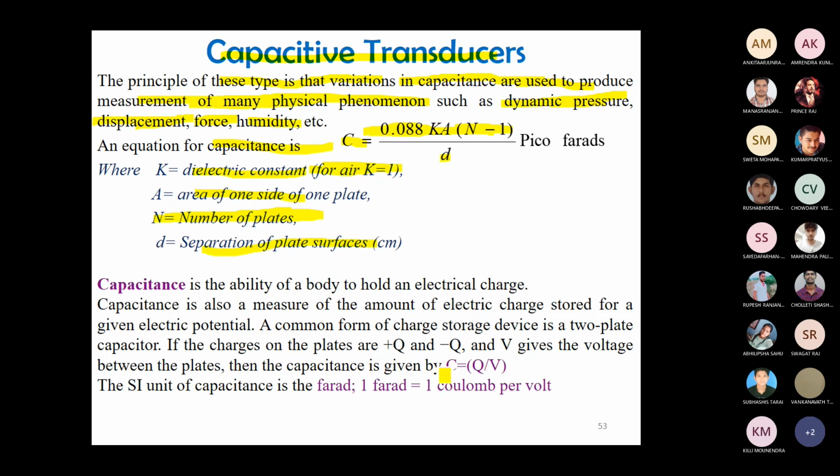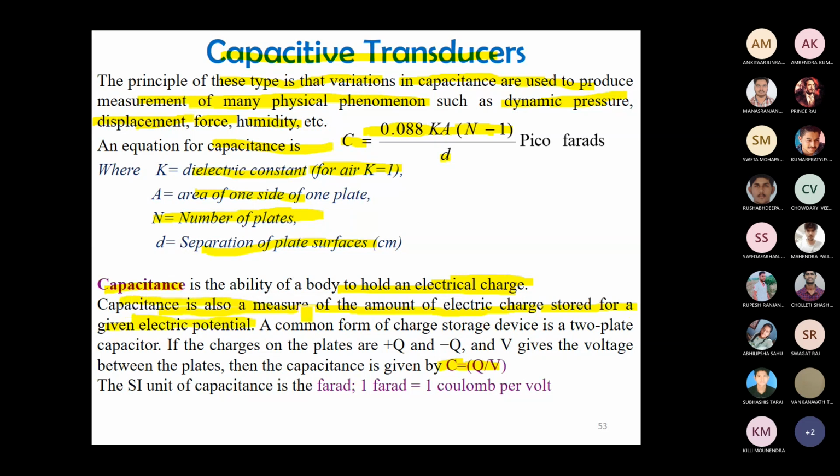Here you know that Q equals CV, so C equals Q by V. If any of the parameters change due to pressure or displacement, the C value changes, which means other parameters change. Capacitance is the ability of a body to hold electrical charge. It is also a measure of the amount of electric charge stored for a given electric potential.